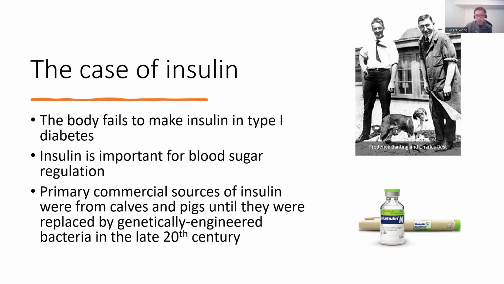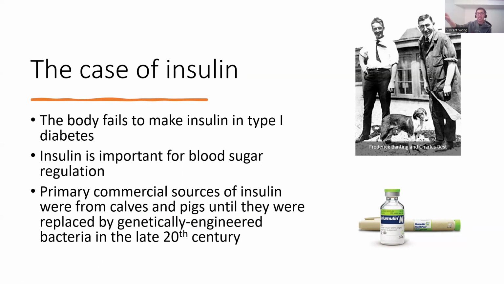Before insulin shots were available, the primary commercial source of insulin was from cows and pigs until they were replaced by genetically engineered bacteria in the late 20th century. So what's the problem with using insulin from cows and pigs for humans?